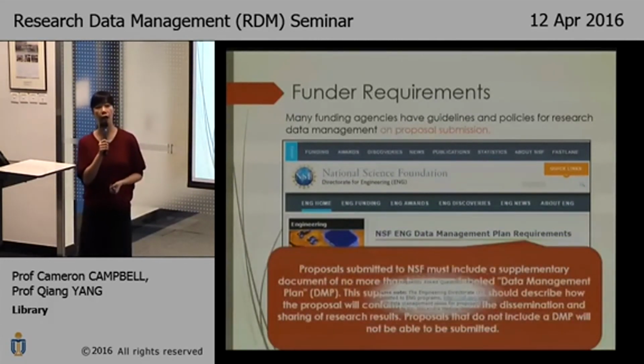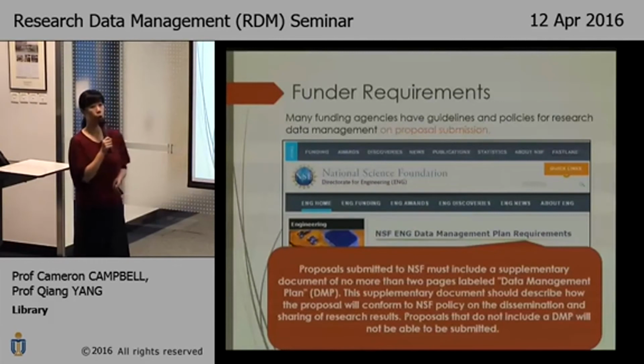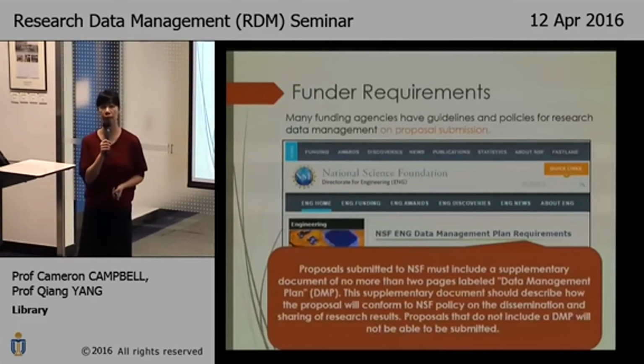It states that proposals submitted to NSF must include a supplementary document of no more than 2 pages, labeled Data Management Plan, DMP. This supplementary document should describe how the proposal will conform to NSF policy on the dissemination and sharing of research results.